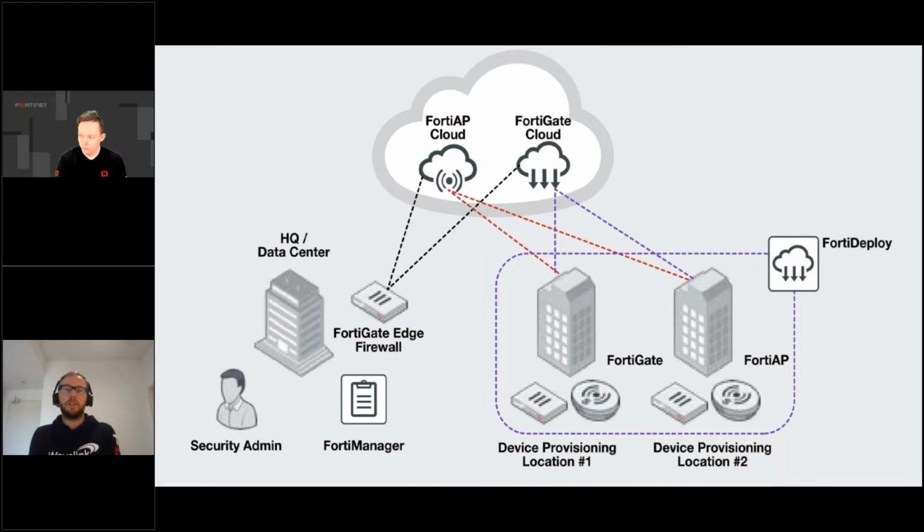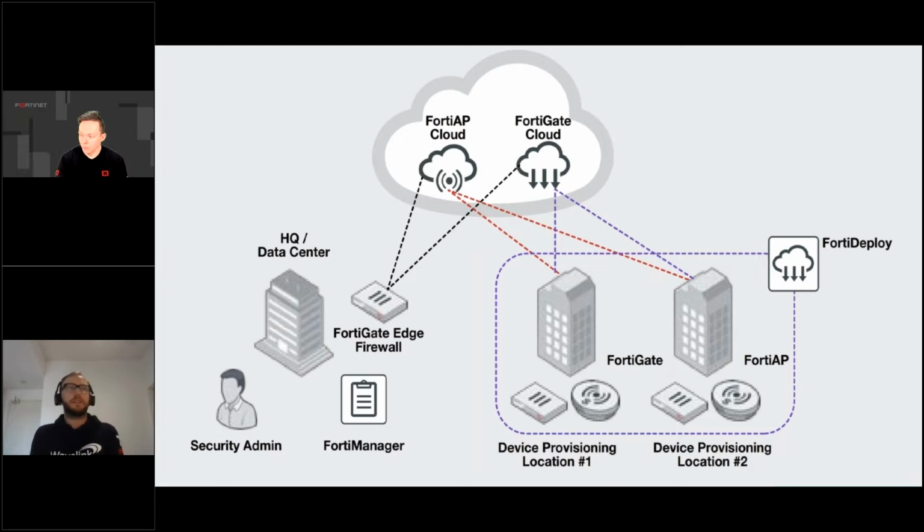But if you've got that FortiDeploy bulk provisioning license and the registration key that comes with it, all you need to do is enter that registration key, and the full list of devices will be listed for you to register automatically.